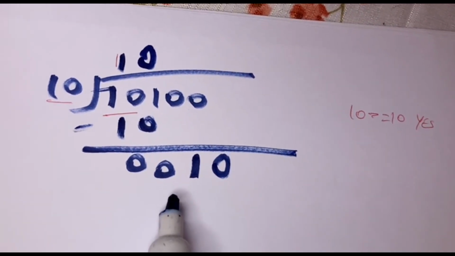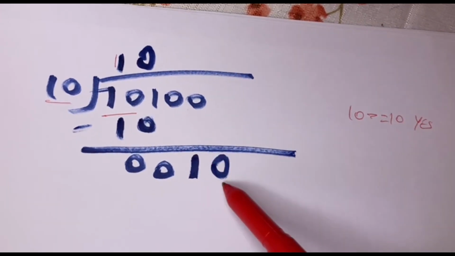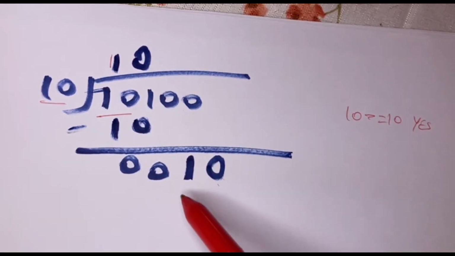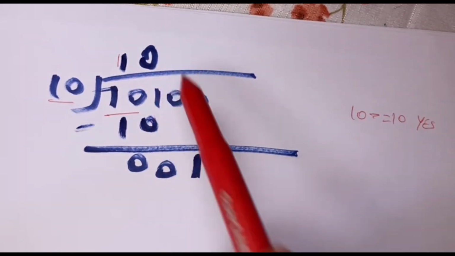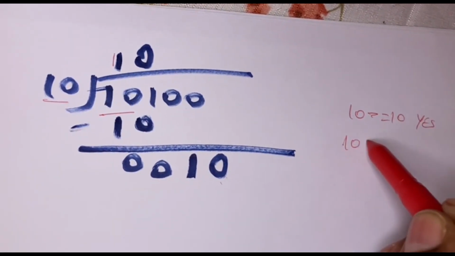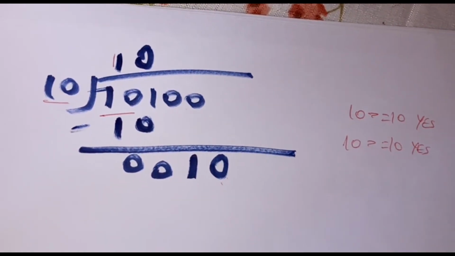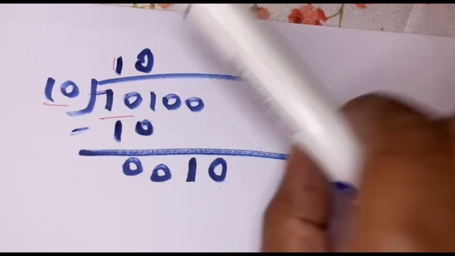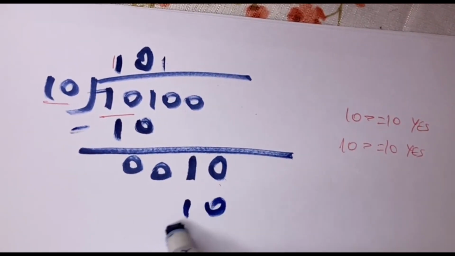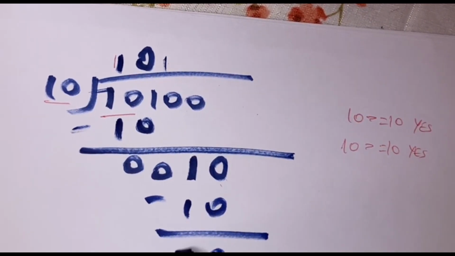So this 0 is coming down, giving 1, 0. Is 1, 0 greater than or equal to 1, 0 again? Yes. So how many times? 1 times. 1 times 1, 0 is 1, 0. Subtract: 0 minus 0 is 0, 1 minus 1 is 0.